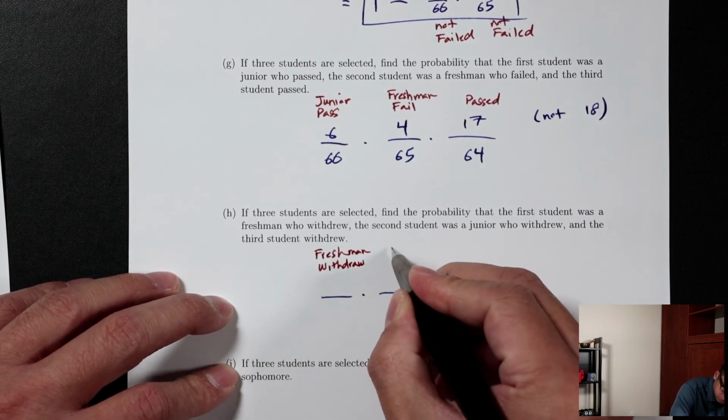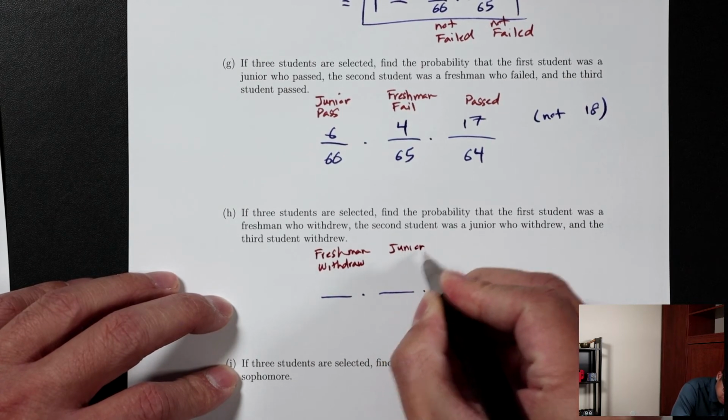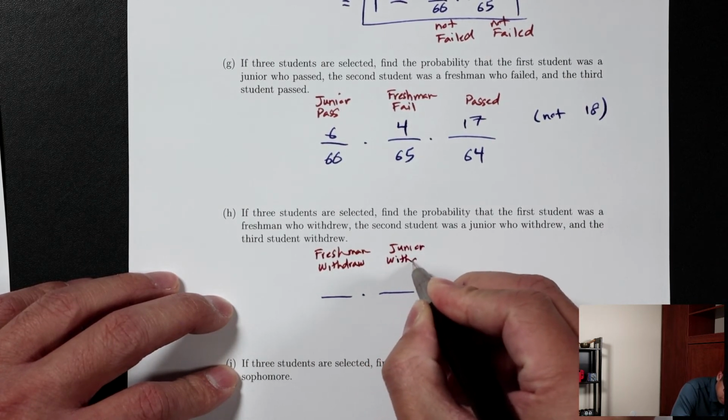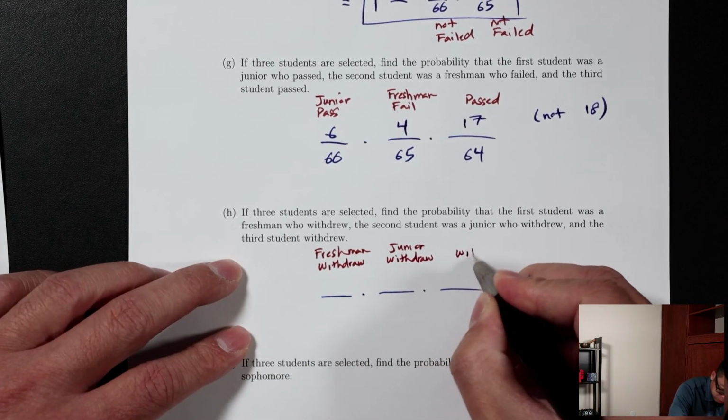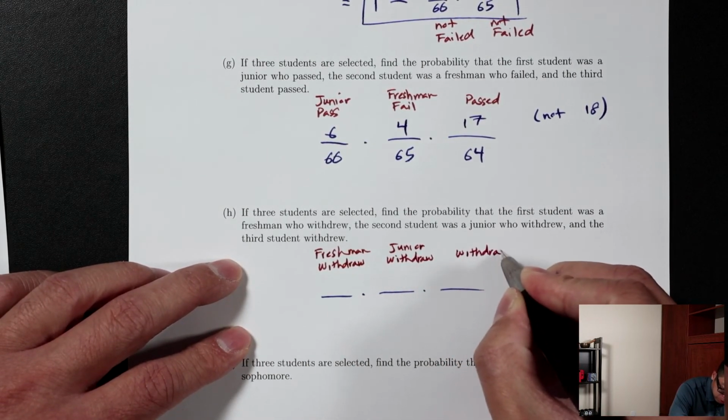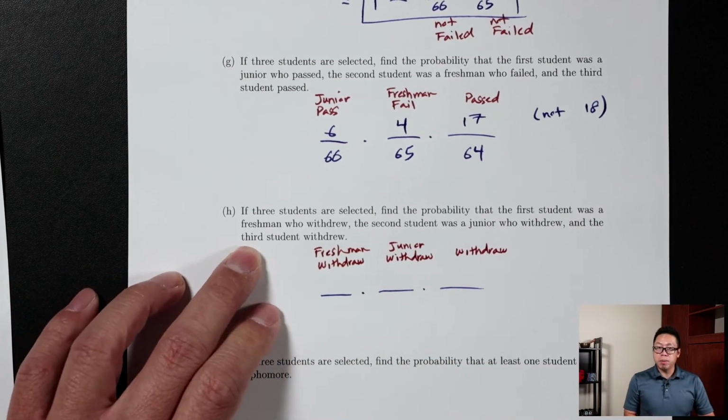Second student, junior withdrawal. And the third student, withdrawal, with no specification about grade.